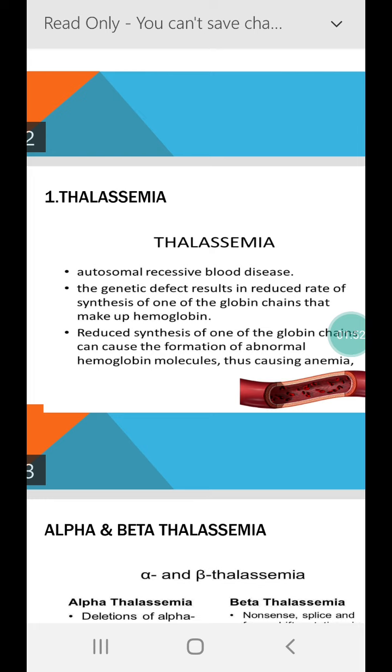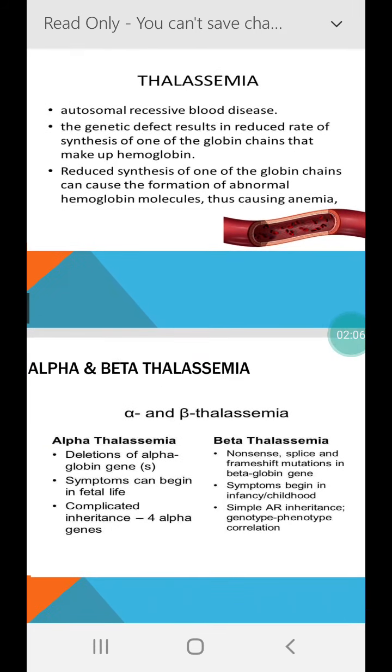Hemoglobin is a conjugated protein and consists of alpha and beta chains. So beta and alpha thalassemia is caused by deficient synthesis of the beta and alpha subunit respectively.